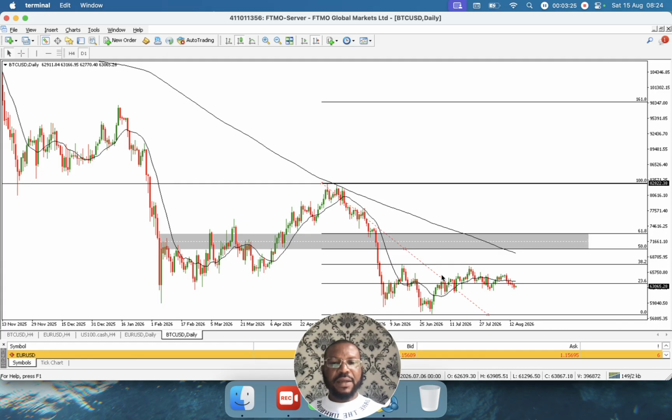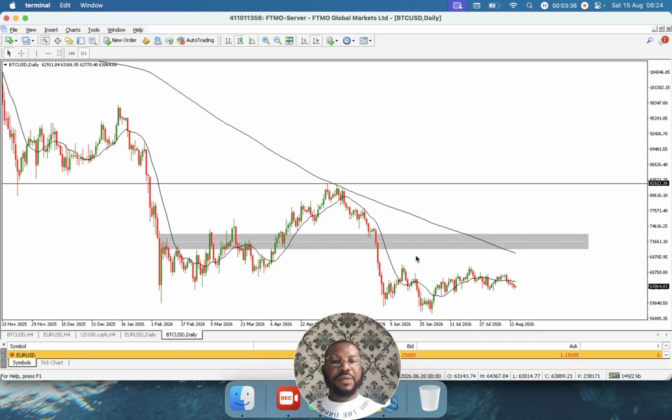So that's all I need, an area that has acted as a support or resistance in the past, and there's a Fibonacci 50, 61.8. So the next thing is for me to just wait for the market to come to this area. Then when my sellers come in, I'll join them.